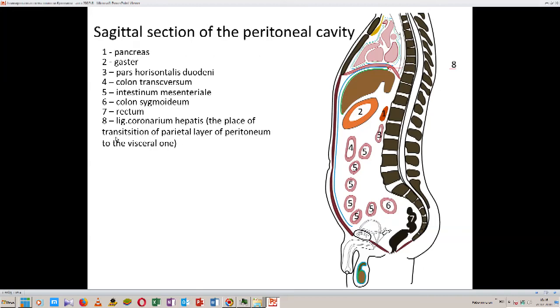Excuse me, it's also a mistake. Transition of the parietal layer of peritoneum to the visceral layer. So number 8 is ligamentum coronarium hepatis.